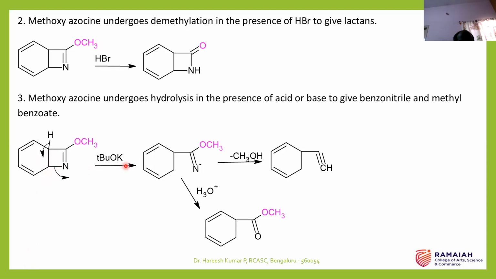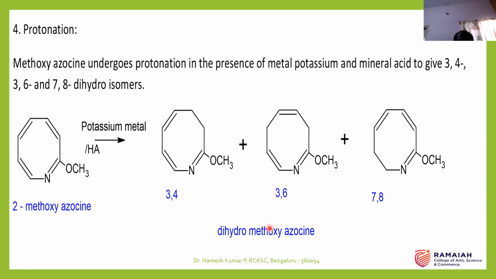This bicyclic compound, when treated with potassium tertiary butoxide, leads to an intermediate. If it undergoes methoxy group elimination, it gives benzonitrile. If it reacts with an acid source, it gives an ester. So with this, I will go to the next slide.